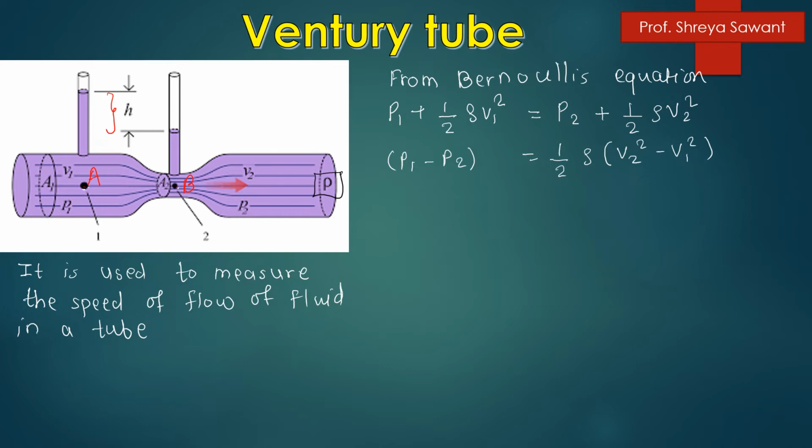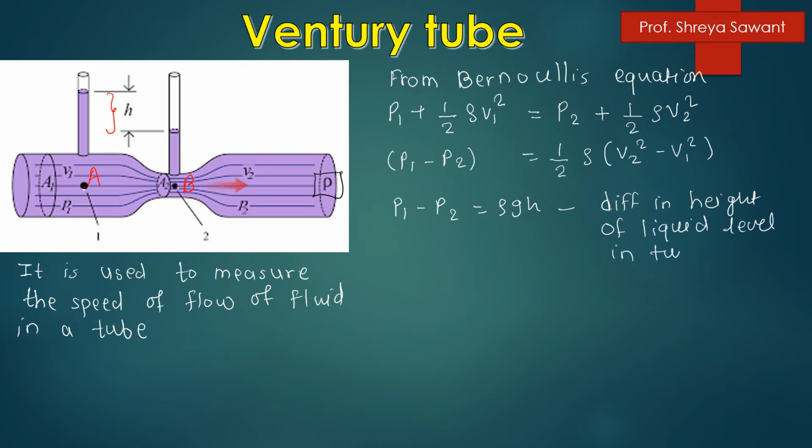The height of the liquid level in the tube is h, so the pressure difference P1 minus P2 is equal to rho gh. This is the difference in the height of liquid level in the tube.